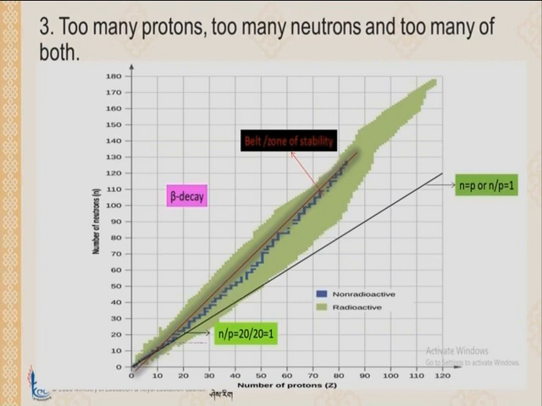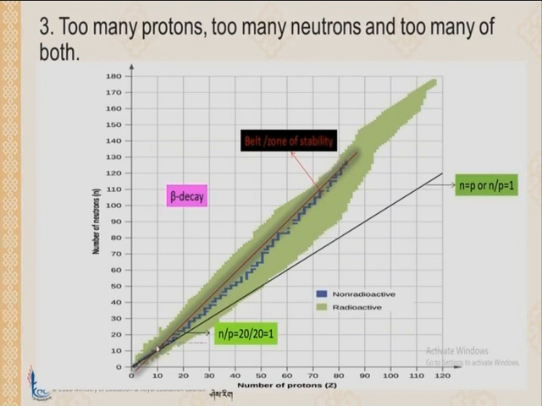So how is this achieved? By emitting beta particle. So the element present above the blue region here will undergo beta decay. That means a beta particle will be emitted. So when the beta particle gets emitted, the element will become stable by moving near to this stability zone.